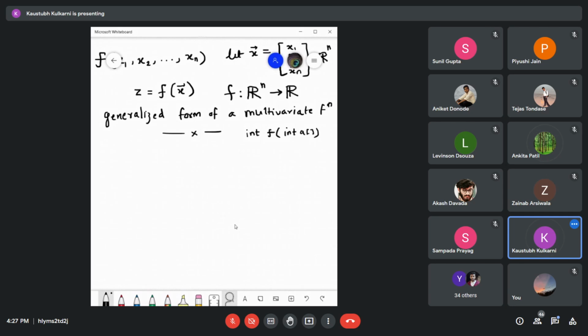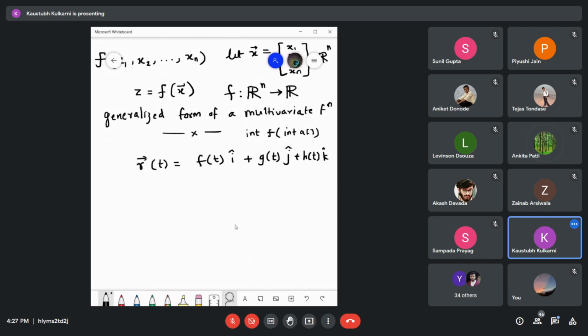Now let's try to generalize the vector valued functions. Our vector valued function r was like this: f(t)i plus g(t)j plus h(t)k.